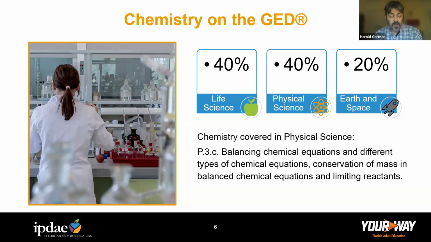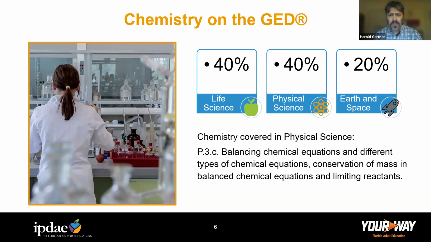Chemistry is under physical science, and specifically, if you look under the curriculum frameworks, you'll find balancing chemical equations and different types of chemical equations, conservation of mass in balanced chemical equations, and limiting reactants. And so that's the real specific curriculum framework point.